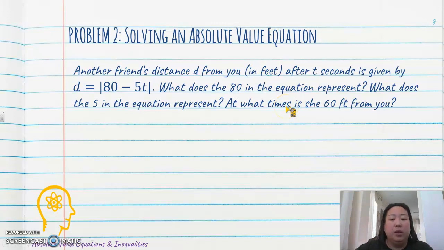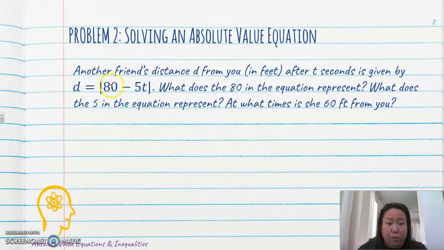Okay, so in this scenario, 80 is the initial distance that you are from where she started, okay? And then 5 is her speed, how fast she is skating towards you. So 80 is like your marker from the number line.